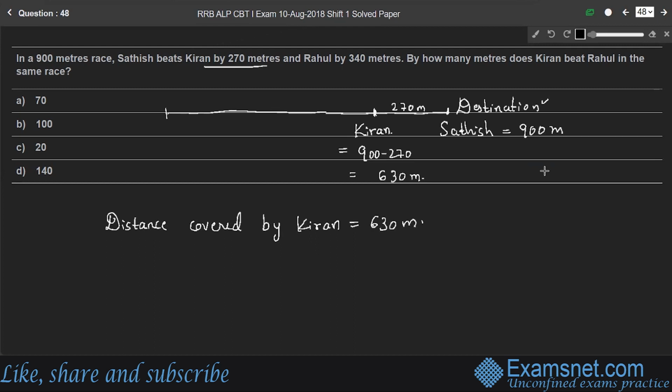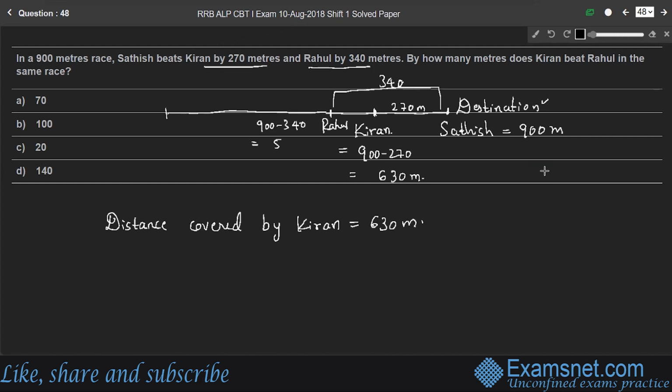Right? At the same time, Rahul covered some distance, right? Where Satish beats Rahul by 340 meters. So if Rahul reaches this point, the distance between the destination and Rahul is 340 meters. Therefore, the distance covered by Rahul will be 900 minus 340, right?